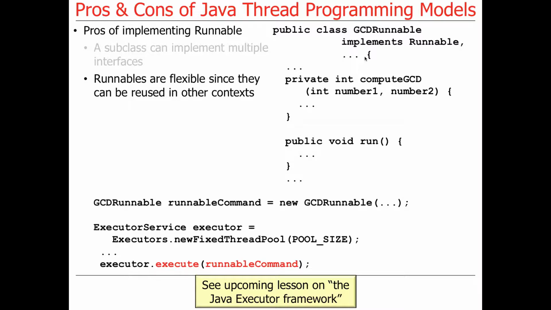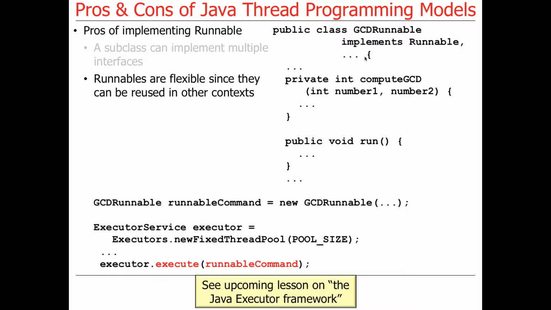Runnables are also very flexible because we can use them in different contexts. We won't talk about this right away. We'll talk about this later when we get to the lesson on the Java Executor Framework. But one of the consequences of using the Runnable-based approach is we can create ourselves a Runnable, just like we did before, except rather than directly making a new thread and giving this Runnable as a parameter to the thread's constructor, instead we could use the Java thread pool executor.